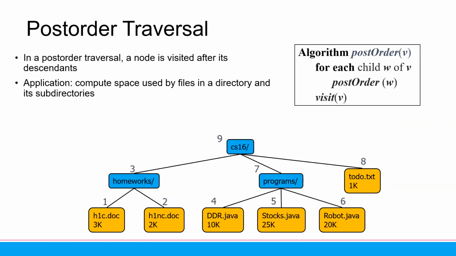There is another traversal, we call it post-order traversal. In the post-order traversal, a node is visited after its descendants. So the application computes space used by files in a directory and its subdirectories.